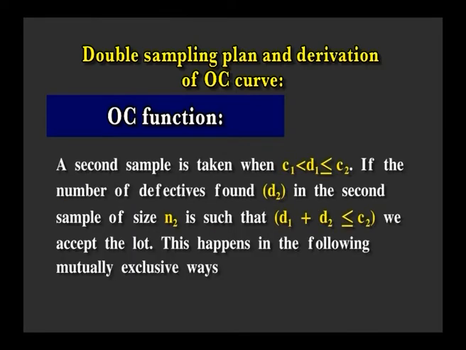A second sample is taken when D1 is between c1 and c2, that is c1 less than D1 less than or equal to c2. If the number of defectives found D2 in the second sample of size n2 is such that D1 plus D2 is less than or equal to c2, we accept the lot. This happens in the following mutually exclusive ways.